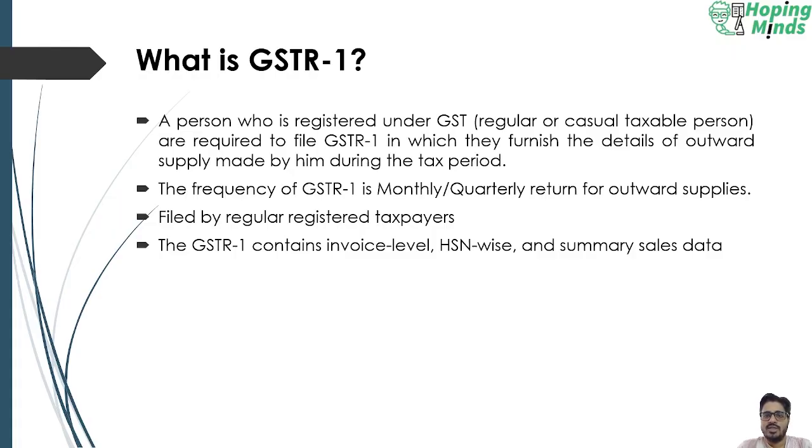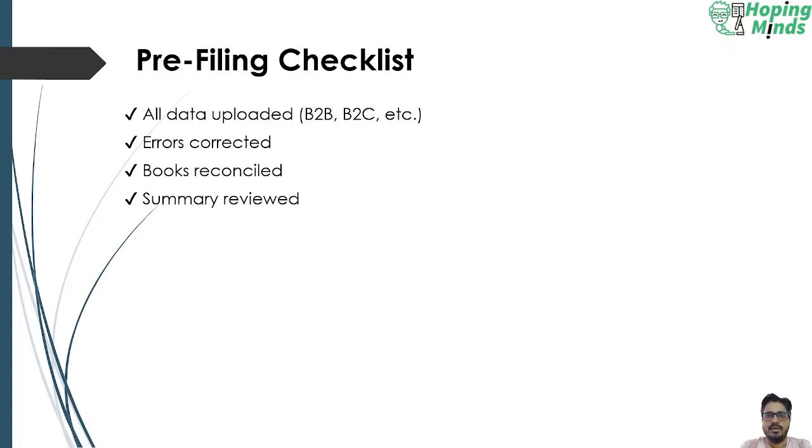Then the GSTR-1 contains the invoice level, HSN wise and summary of sales data. So, the pre-filing checklist of GSTR-1 return. Before the final submission of GSTR-1 return, the taxpayer must ensure that all data uploaded under the different tables have been validated and verified by the taxpayer.